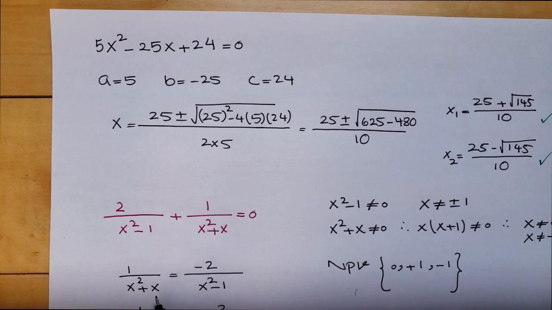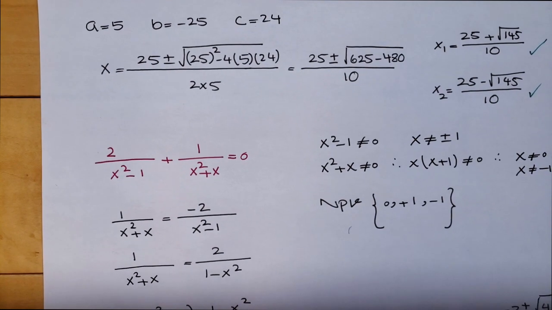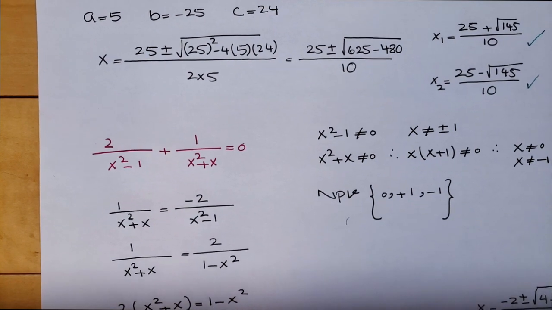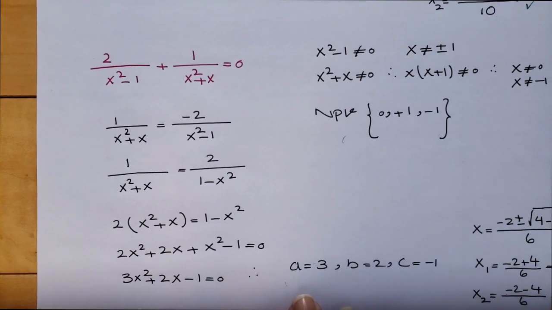And then there would be two fractions, one on each side of the equal sign. So instead of doing common denominator, I'll just start by doing cross multiplication. After doing cross multiplication, then I move everything to one side. I define A, B, C.